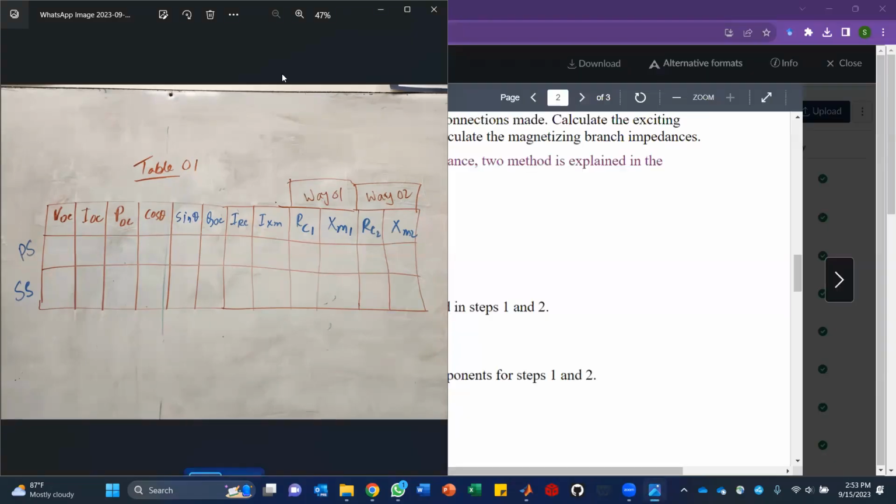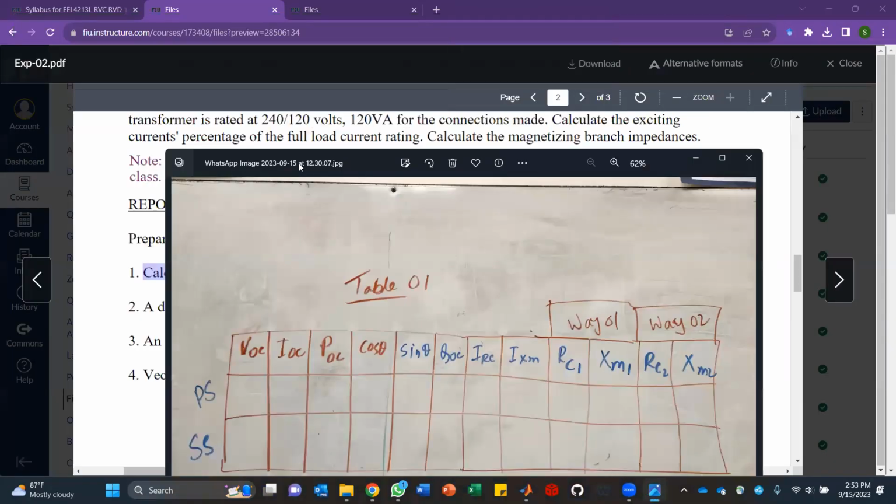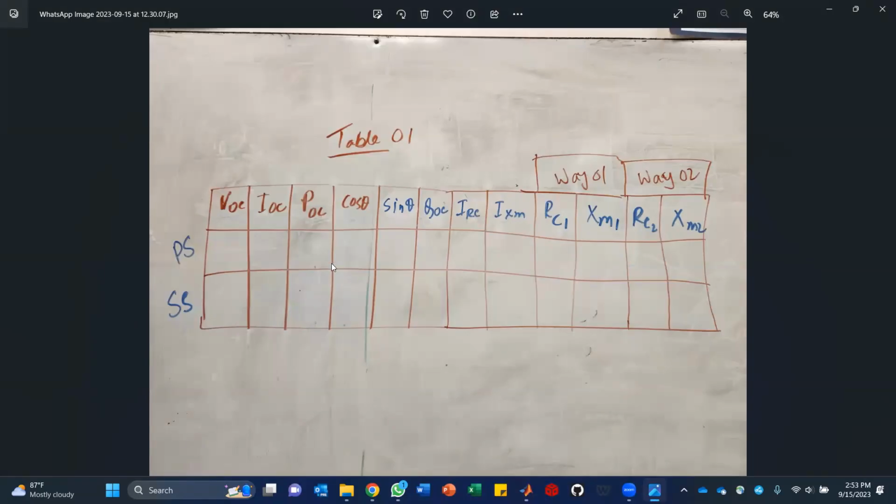Whatever the values are, with the help of way 1 equation, we will get RC1 and RC2. The values will be pretty similar, with a very minimum error. You need to identify that, and say why that is.